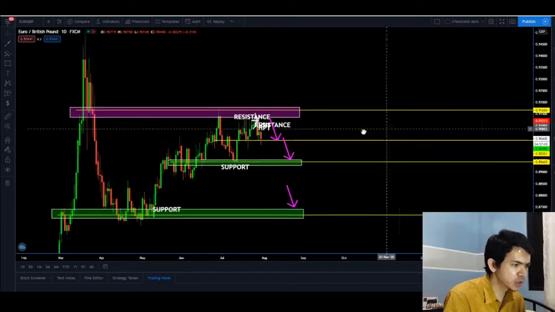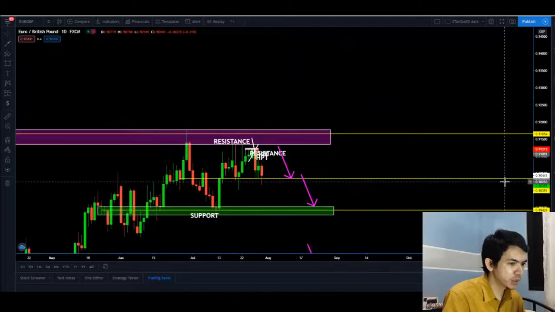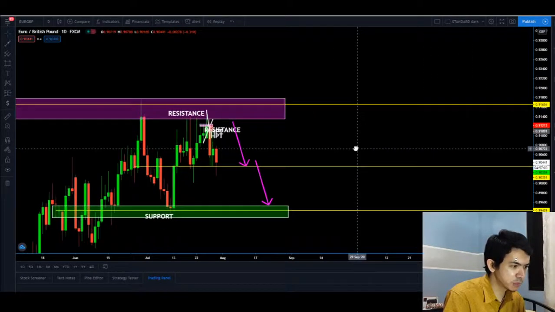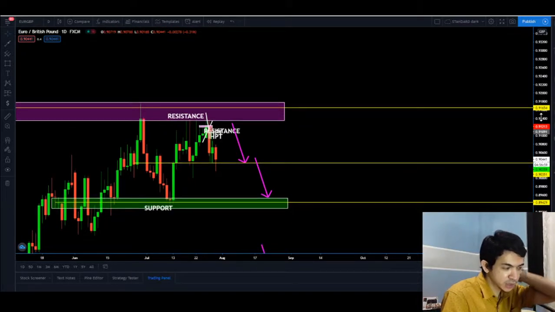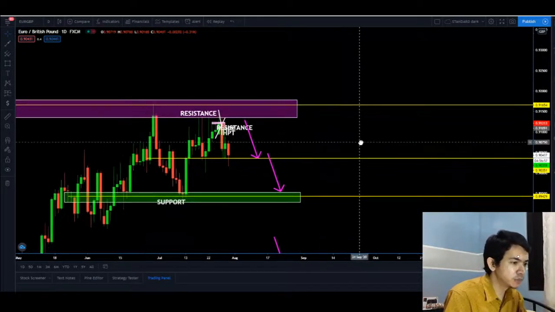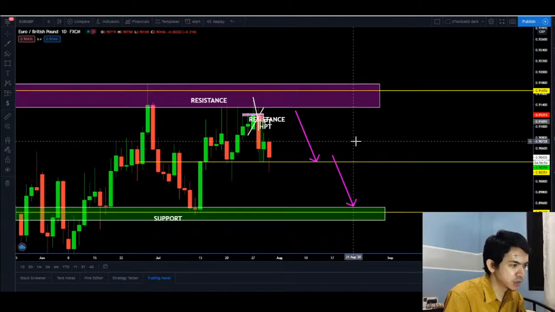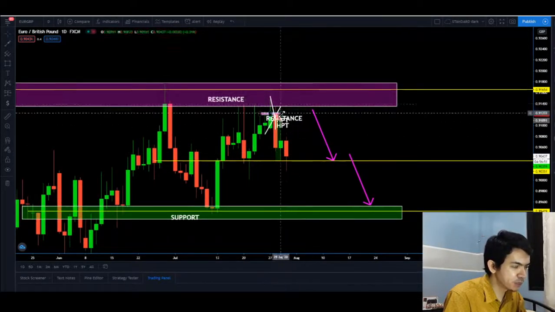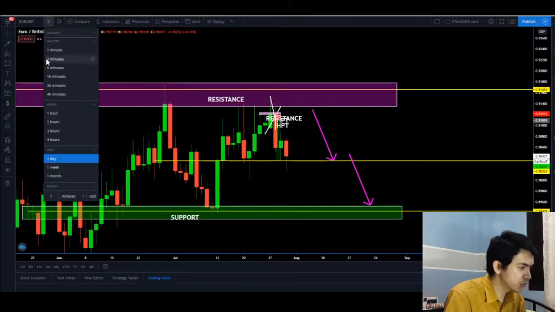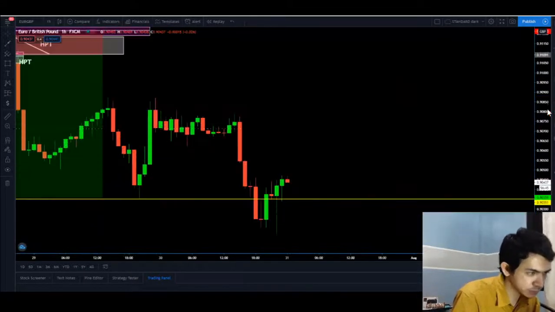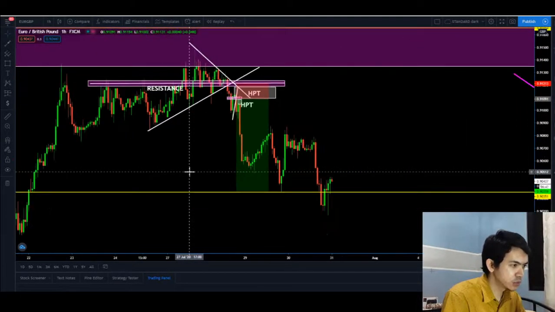But am I going to take the trade at a higher time frame? Definitely no. I want a tighter stop loss as much as possible, of course minimizing the risk, and having a high risk reward ratio on my side. So when the price returned to this level of resistance, definitely I went to a much lower time frame to take an opportunity for a trade.